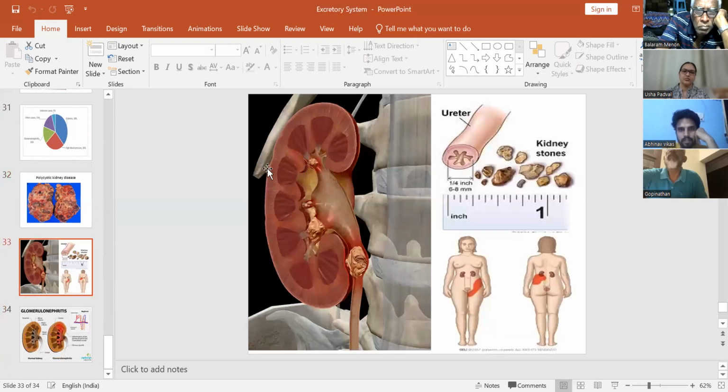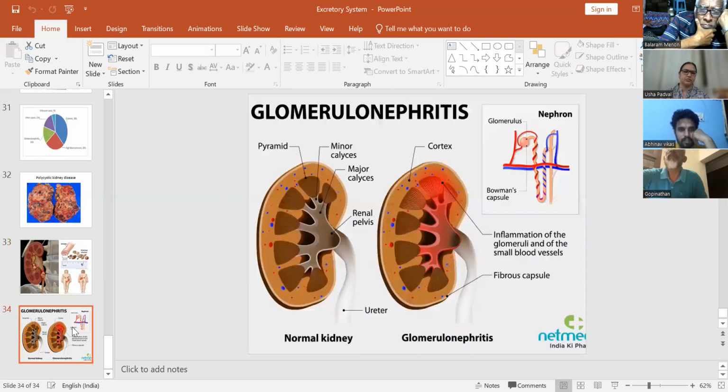See here, a stone is nothing but chemicals. All the chemicals will form like a small stone, and then it obstructs the passage so that you'll have difficulty in urinating and you have pain.